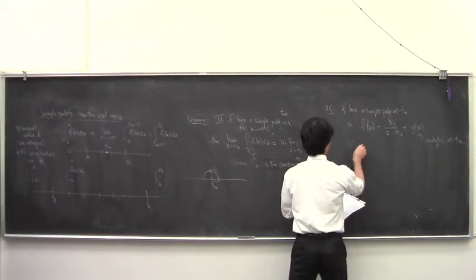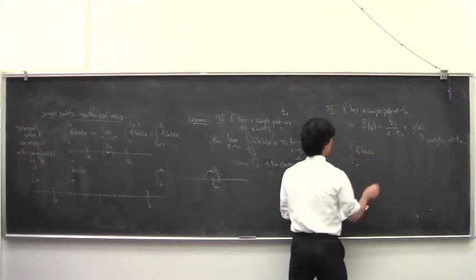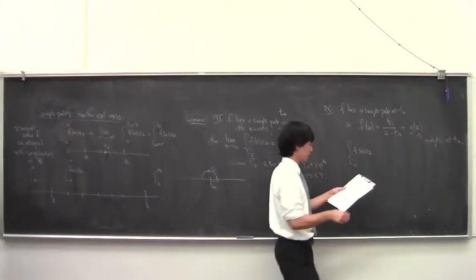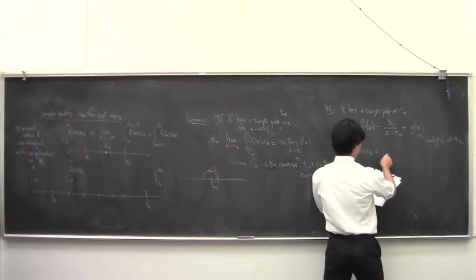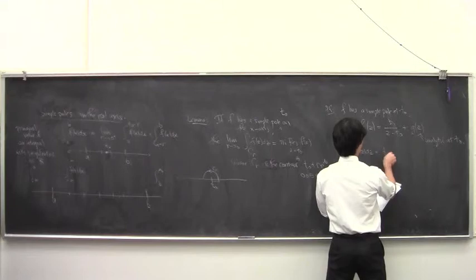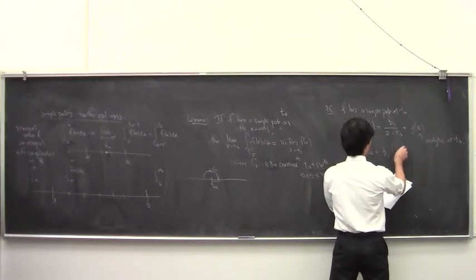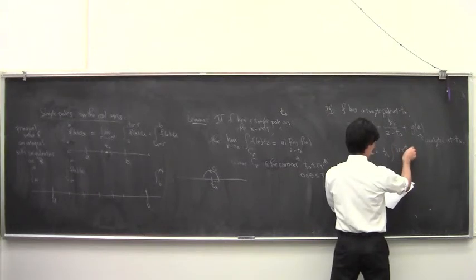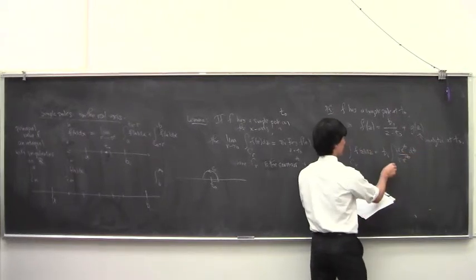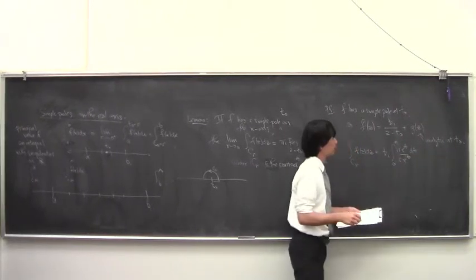The integral of f over c sub r is just the integral of b1 times i r e to the i theta d theta over r e to the i theta from 0 to pi.